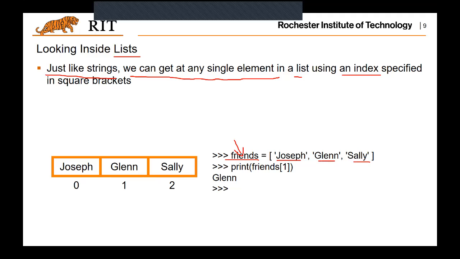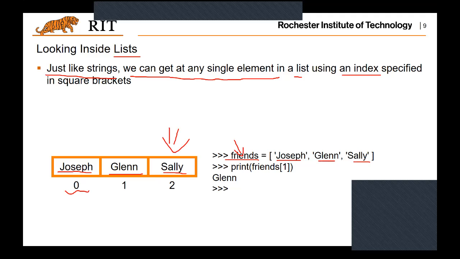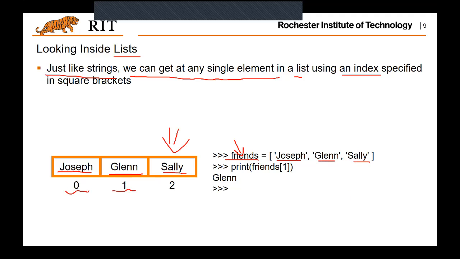If we look at an illustration of the list, you are looking at 3 cells, and each cell has 1 element. The first one is Joseph, then Glenn, then Sally. We also use the index to indicate where that element is, starting from 0, 1, 2. That's the forward way.